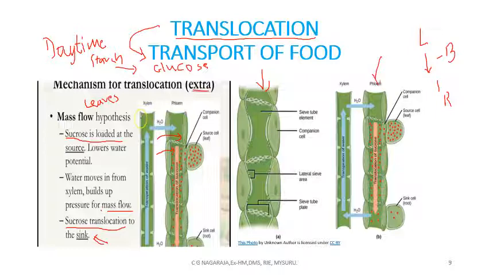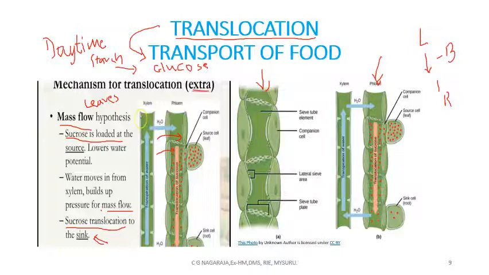And for that, a number of theories are given. One of the important theories is called the mass flow theory. Please remember that. You have to remember it for the examination. Whatever food is made by means of photosynthesis will be stored in the leaves in the morning times.